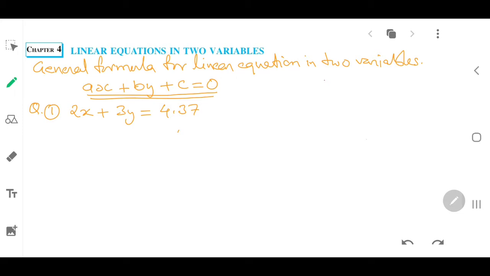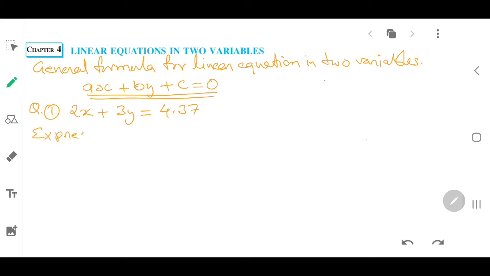and this equation you have to write in the form of ax plus by plus c equal to 0, correct?